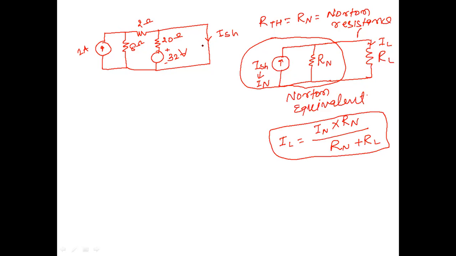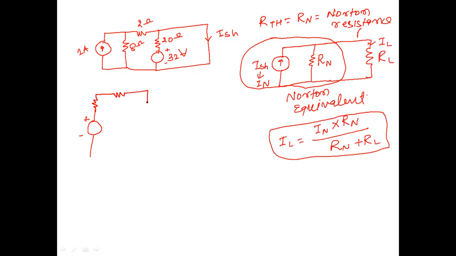So how do we find the short circuit current? Let us see. That is very simple, not difficult. You see here, again I am going to transfer this current source into a voltage source. Positive will be here, negative will be here, and this 8 ohm resistance will be placed here.